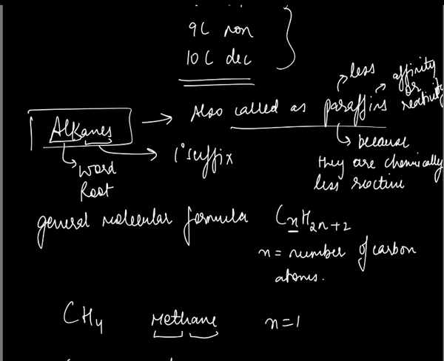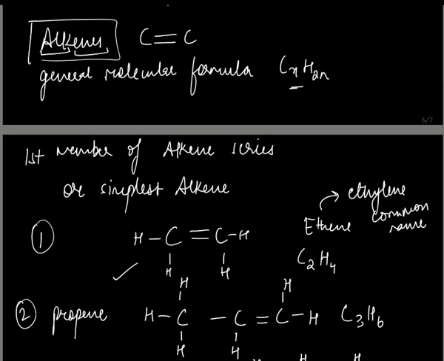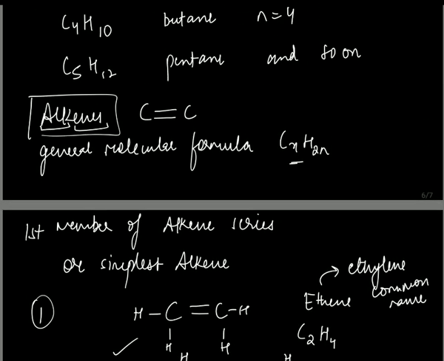Now for alkenes, we can say alkenes also have one common name. We call them olefins. You can see the screen. Olefins meaning what? They react with chlorine to produce oil-like derivatives.